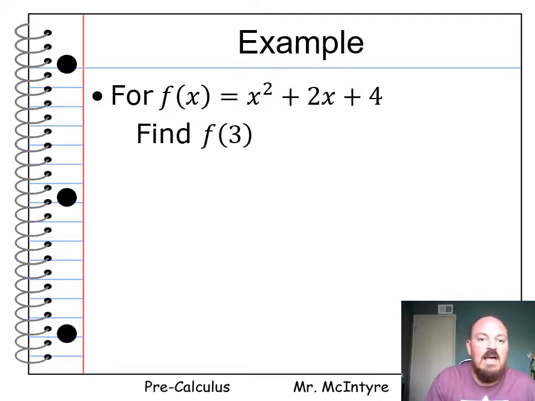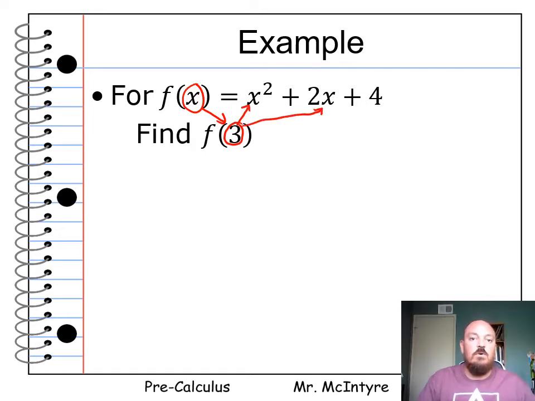So when I give you f of x here, and I change that f of x into something else, in this case it's a 3, what I'm telling you is just take whatever you see there and put it in for every x in the question. Or the short way of thinking that is I'm substituting 3 for x.